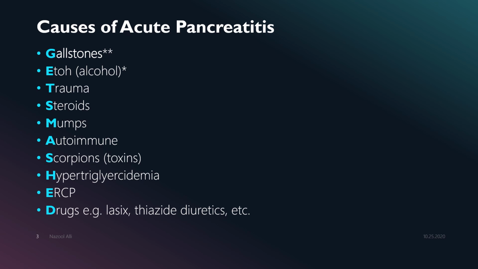So often patients with gallstones are more likely to develop pancreatitis than even patients with alcohol abuse, because you will find there are patients that could be abusing alcohol for an extensive period of time and would have never experienced an episode of pancreatitis. So it's less common to see pancreatitis with ETOH abuse. So gallstone is the most common, and that's why there are more asterisks next to gallstones.